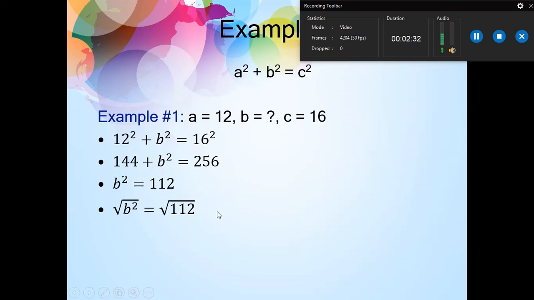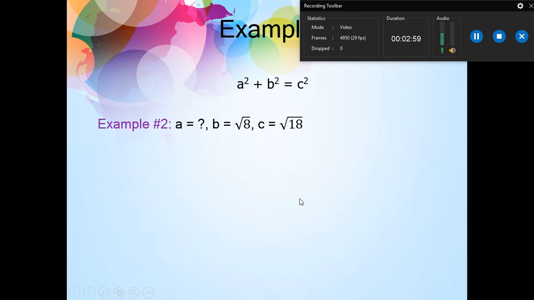And remember, the bigger the square, the better, so that the process will end sooner. So I went through my calculator. I started dividing by 4, and that will work, but you'll have to repeat the process. But I found 16 will work, and it's a bigger square. And 16 will simplify to 4, and then we have radical 7. So my missing side b has length 4 radical 7.